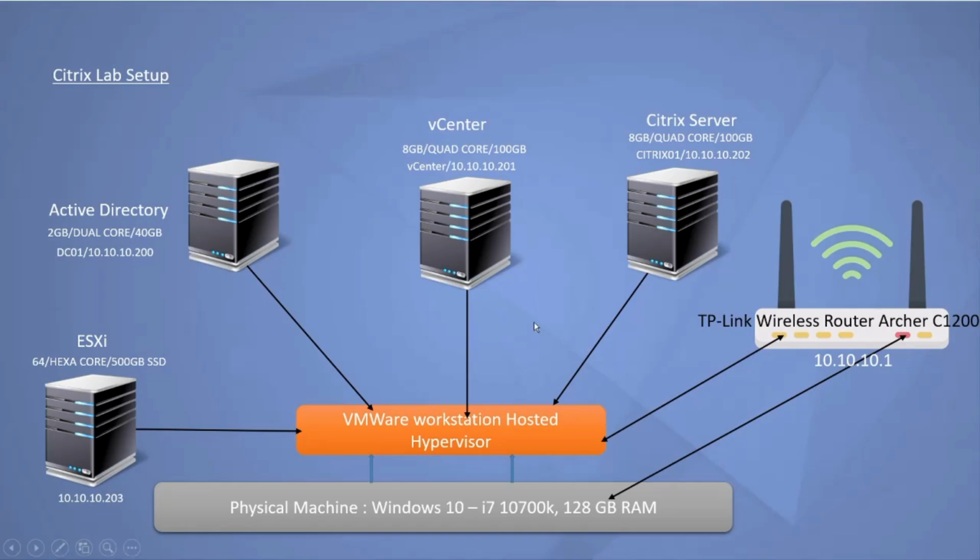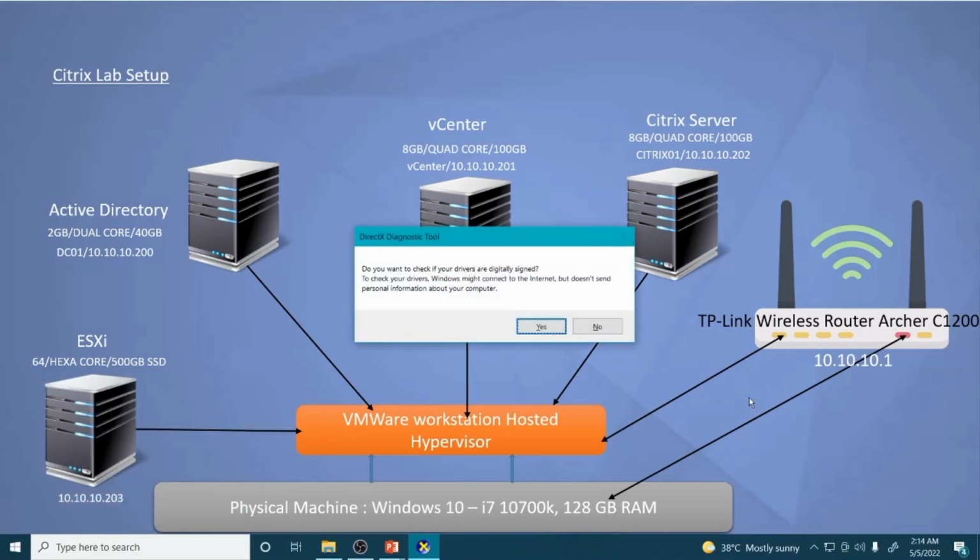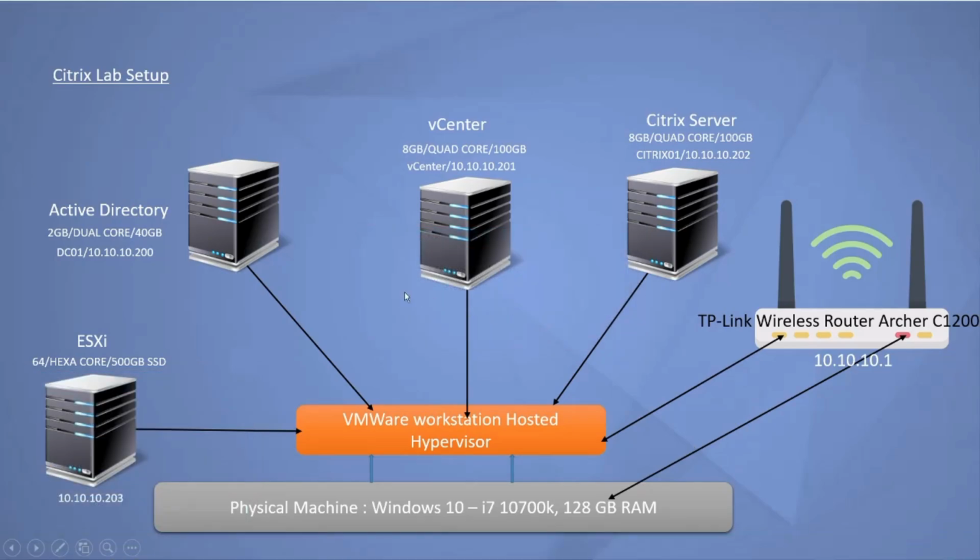For the router, I'm taking a wireless router, and the gateway I'm giving to that particular router is a 10 series. And if you see the physical machine, I have Windows 10, i7 10700K, and it has 128 GB RAM. dxdiag is the command to see your machine configuration.